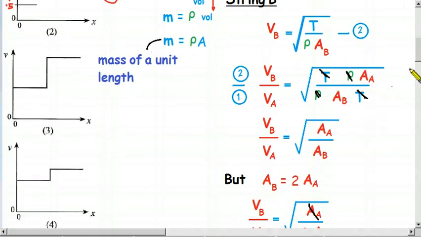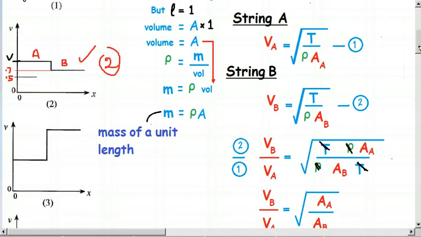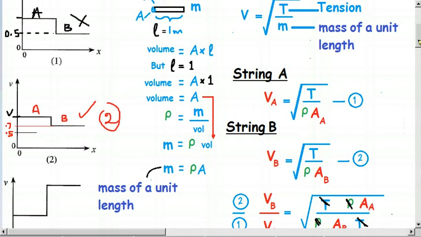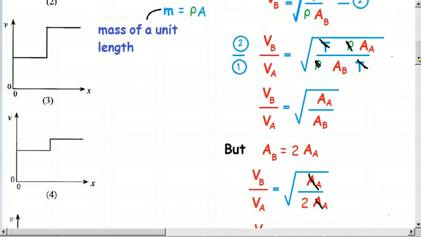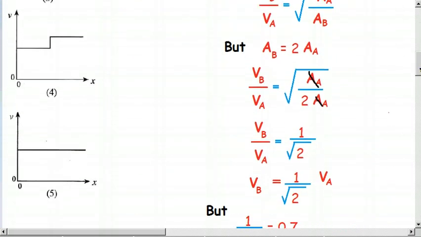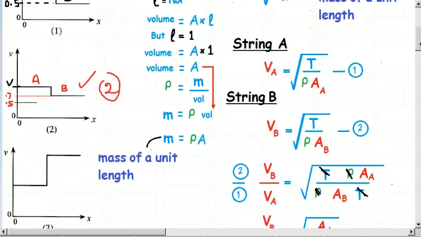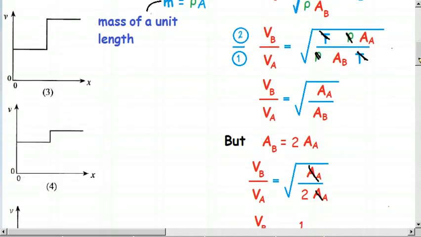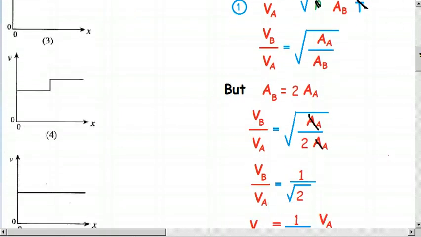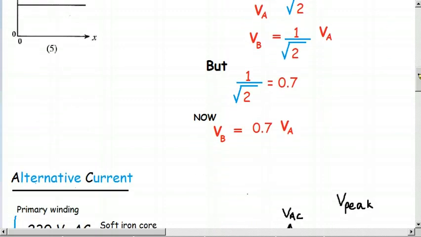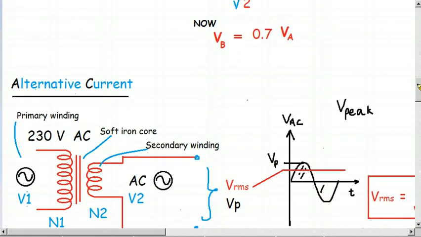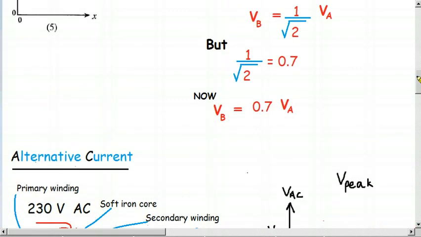If you are in the maths stream, you don't have to be taught like this. You can easily simplify. I especially do these videos for biology students, because they face problems in solving.